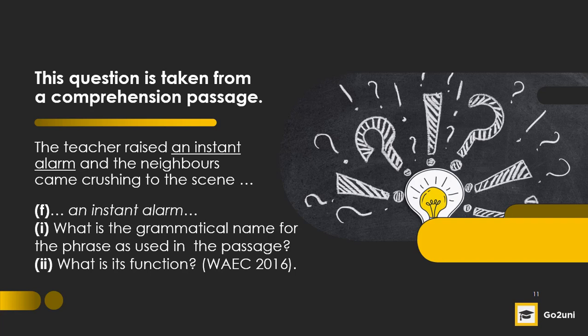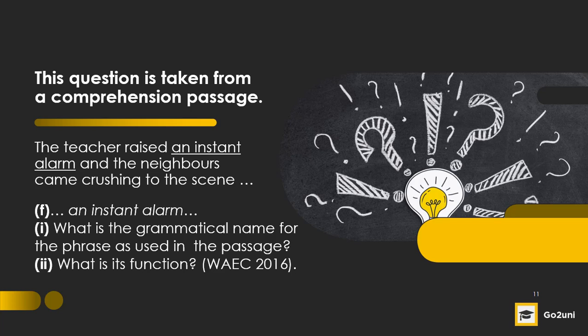So when you read that structure, you're going to identify the name of the underlined part, and after that you're going to say what that part is doing in that particular sentence structure, the function it is performing in that particular sentence structure. So you have the teacher raised an instant alarm and the neighbors came crashing to the scene. Now let's begin our grammatical analysis.